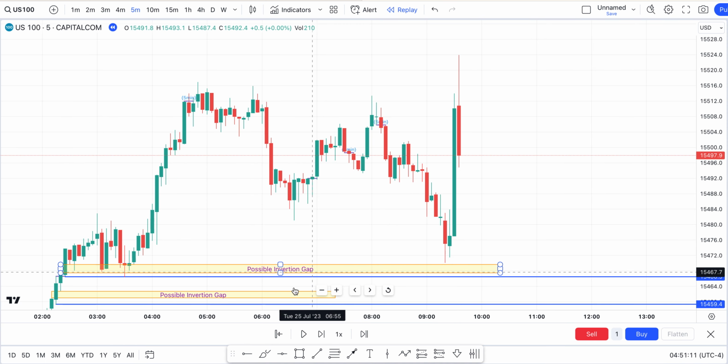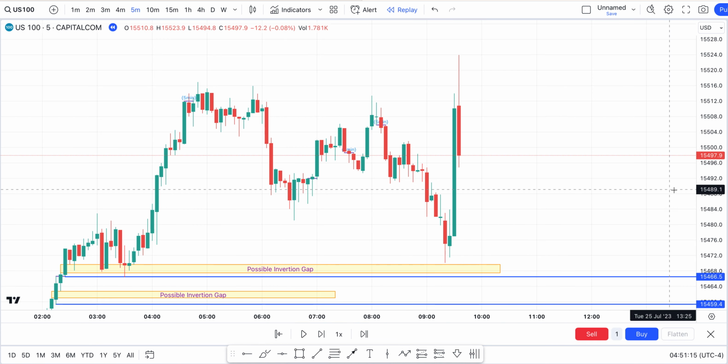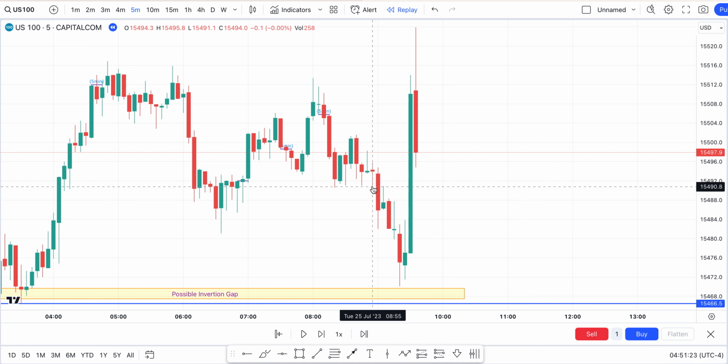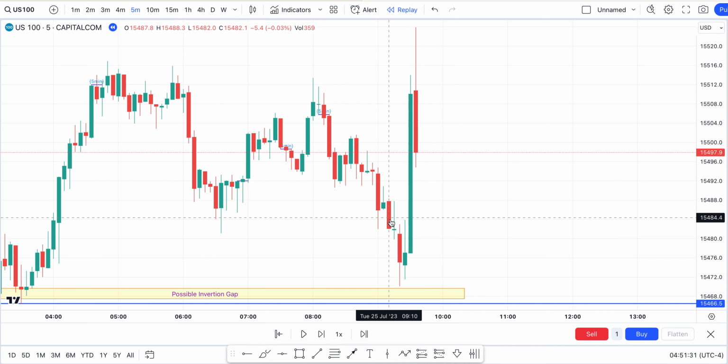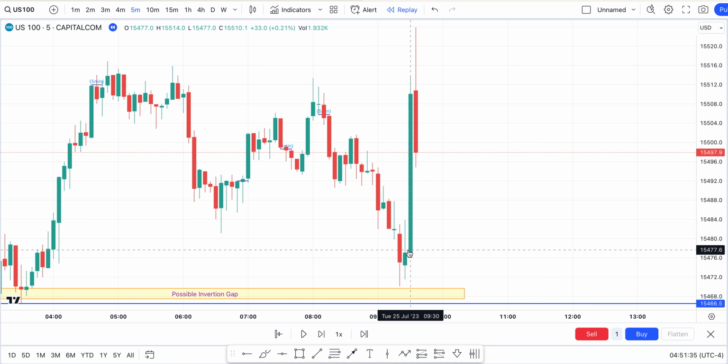So there's two more inversion gaps down here. I'm looking at for the action still. Inside here, no, small gap. Small gap. No more fair value gaps that I see. This one obviously, but no perfection.